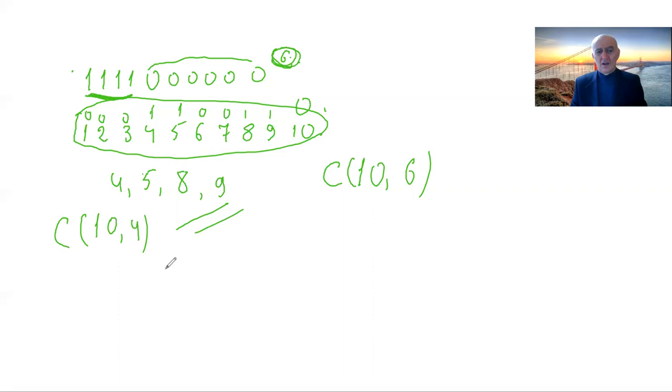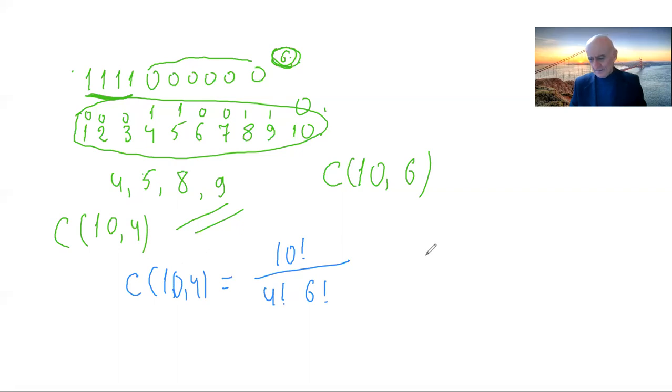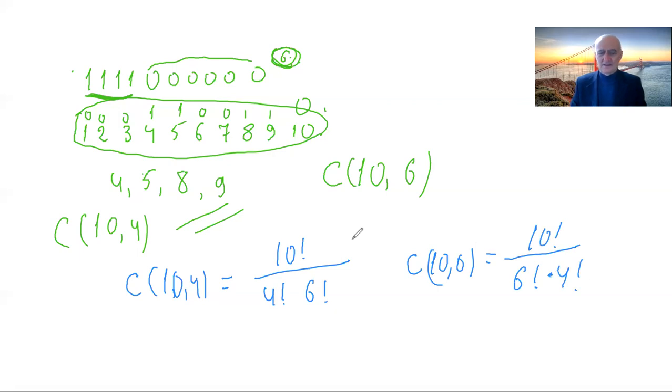And as for the formula of combination, I can write C10 4 as 10 factorial divided by 4 factorial times 6 factorial, and here we have the same for C10(6): 10 factorial divided by 6 factorial times 4 factorial. So they are the same.